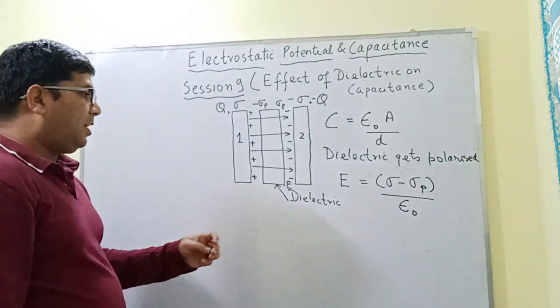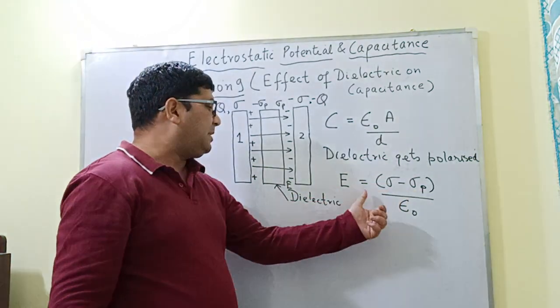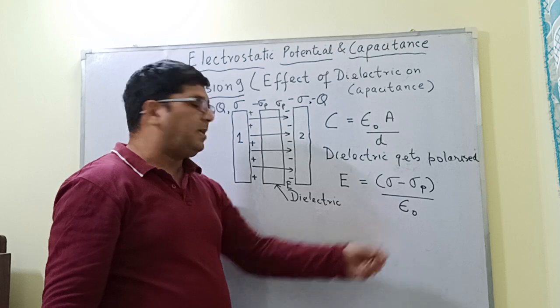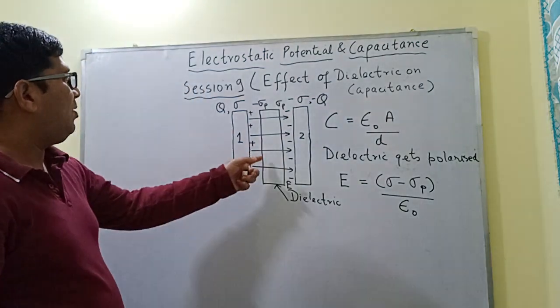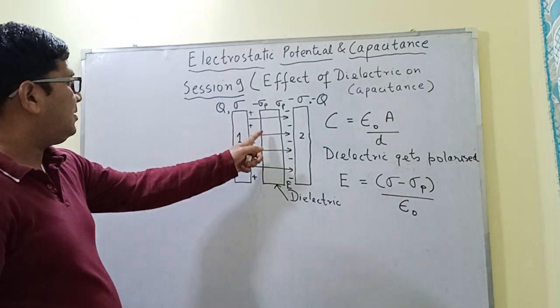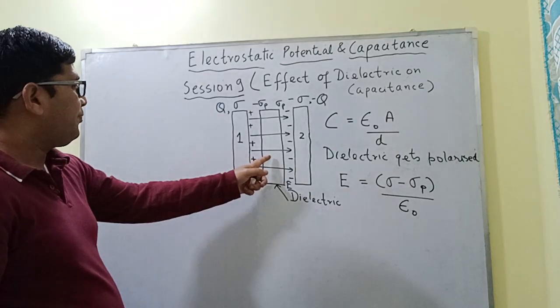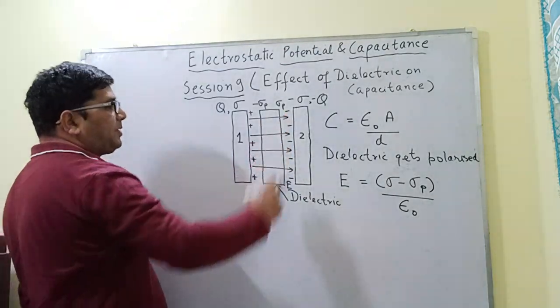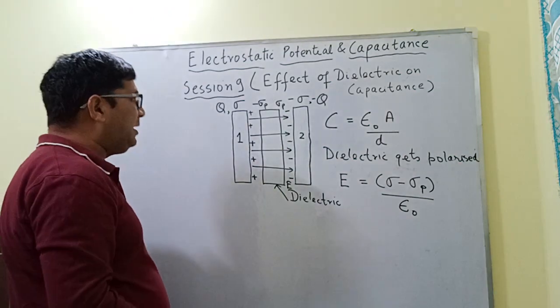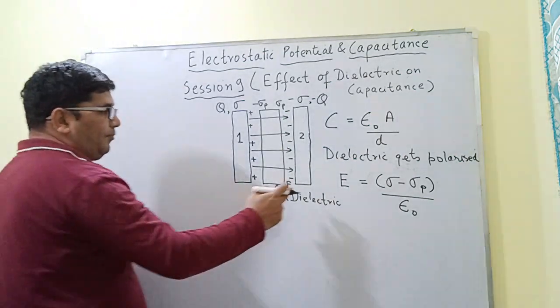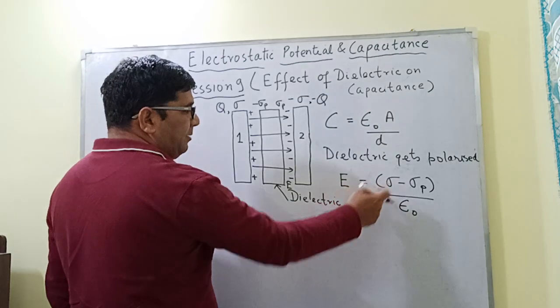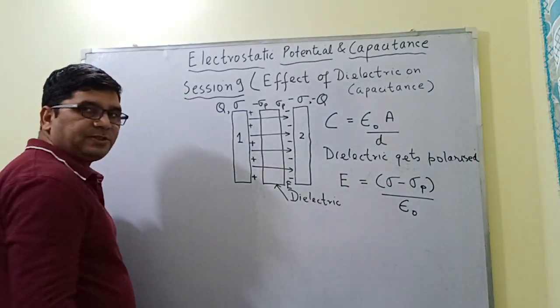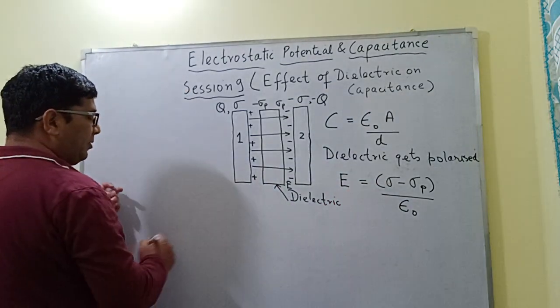If the dielectric was not there, the electric field was equal to sigma divided by epsilon naught. But because of the dielectric getting polarized due to the presence of an external electric field, the electric field can now be written as sigma minus sigma p divided by epsilon naught.